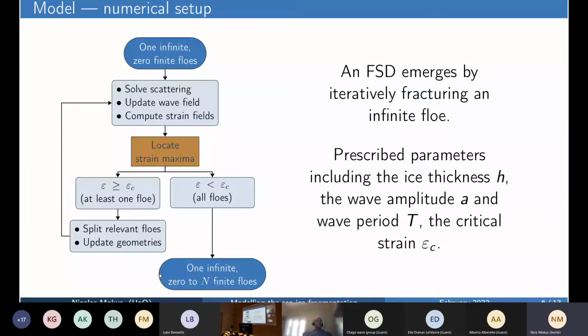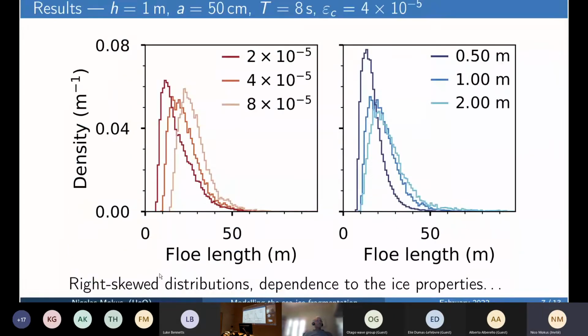Here are some results. Histograms showing the resulting floe size distributions for various critical strains on the left and various ice thicknesses on the right. These histograms are, as I just mentioned, averaged over different realizations of the same configuration. The other parameters are kept fixed and their values are mentioned on the slide.